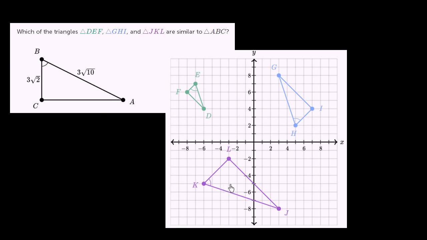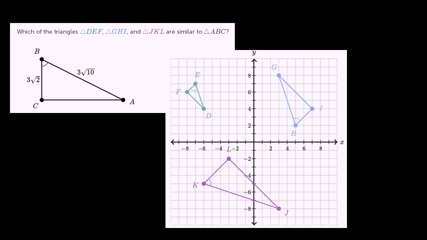So let's say we're trying to compare triangle JKL to triangle ABC. If you can show that they have two corresponding angles that are congruent to each other, and that the ratio between the sides on either side of that angle are the same, then you're going to be dealing with a similar triangle.